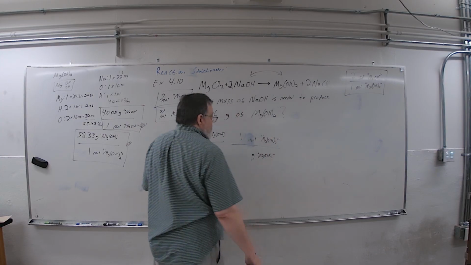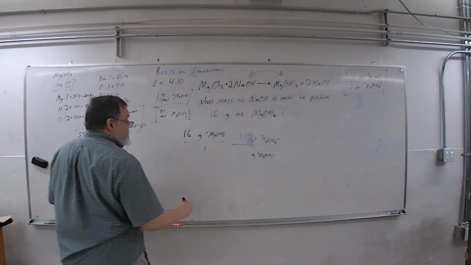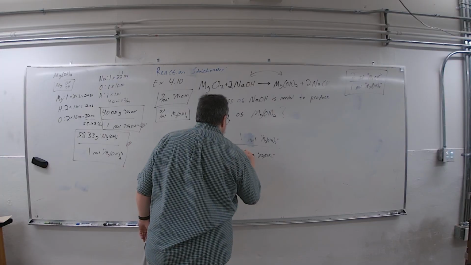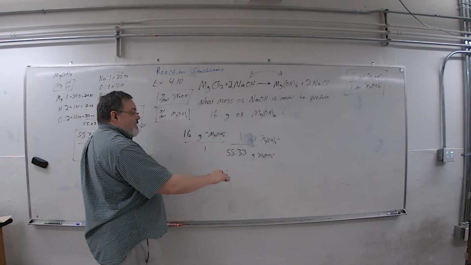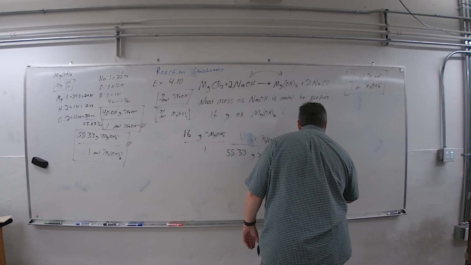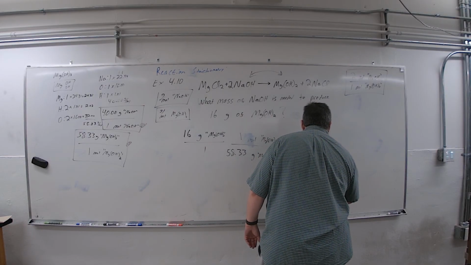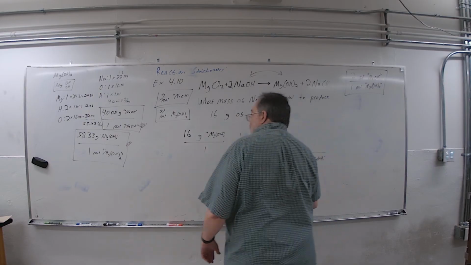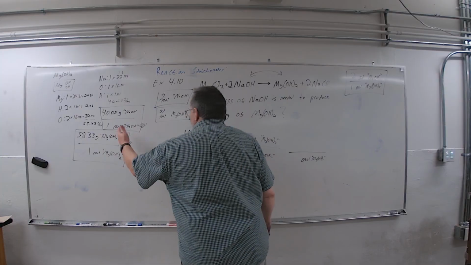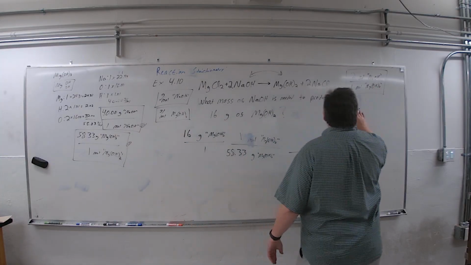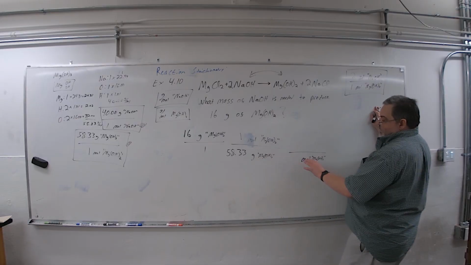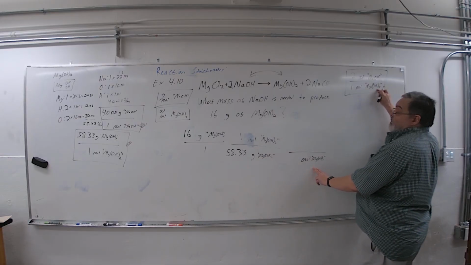I should be saying Mg(OH)2 too. I'm just saving myself a breath. 58.33 grams. This tells us that moles of Mg(OH)2 is down here. We've used this. So what's left? We have grams of NaOH, moles of NaOH, moles of NaOH, moles of Mg(OH)2. What we need is moles of Mg(OH)2. This is the only place you see it.